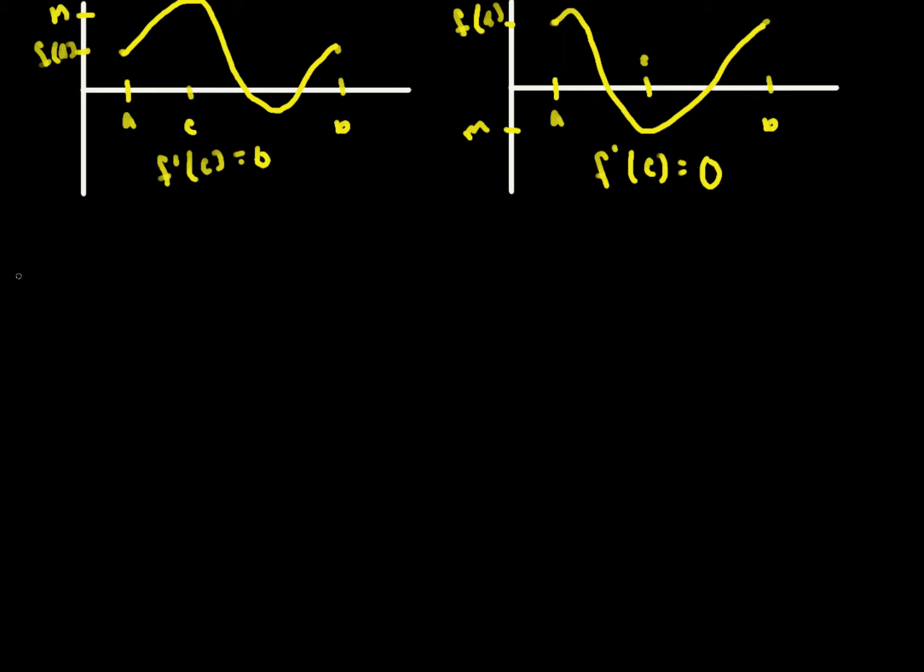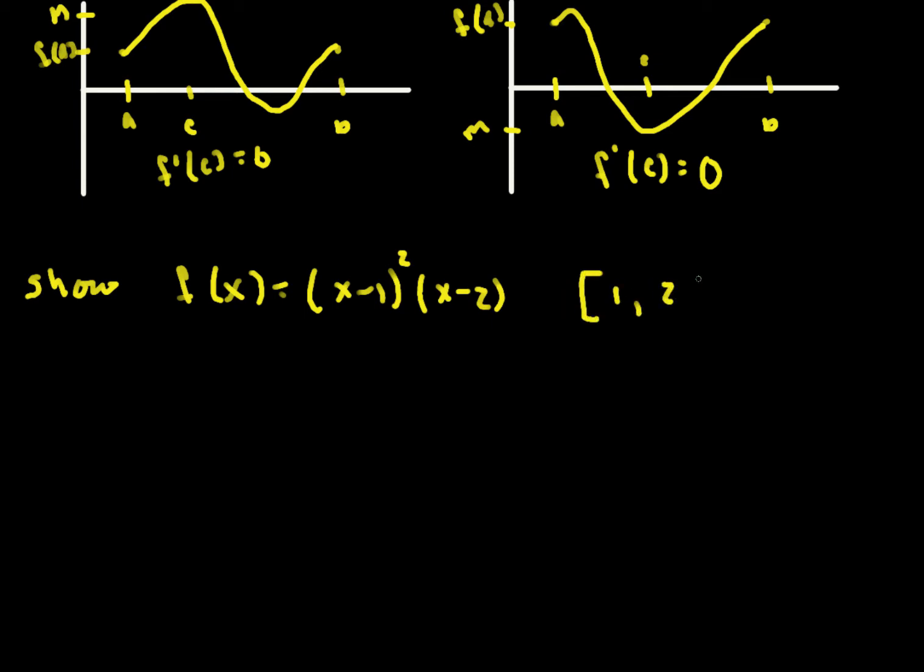So let's show that if f of x is (x minus 1) squared times (x minus 2) on the interval 1 to 2, then f prime is 0 somewhere in the interval 1 to 2.